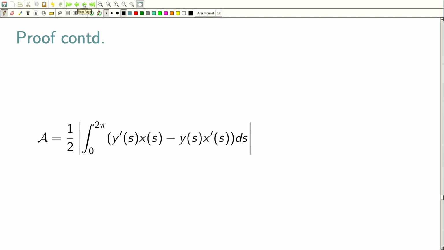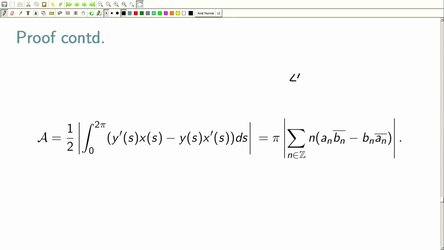We know the area is given by 1/2 of the modulus of the integral from 0 to 2 pi of y prime(s) x(s) minus y(s) x prime(s) ds, which by the Parseval identity... What we know in the Parseval identity is that for x and y as functions, this is going to be the sum of x hat of n times y hat of n bar.